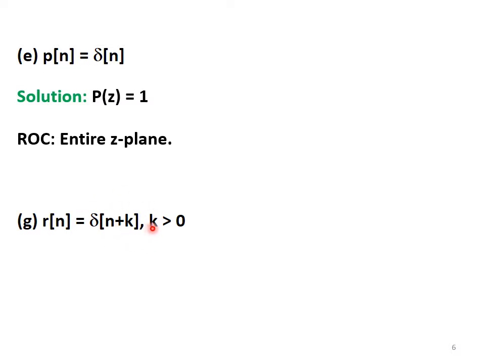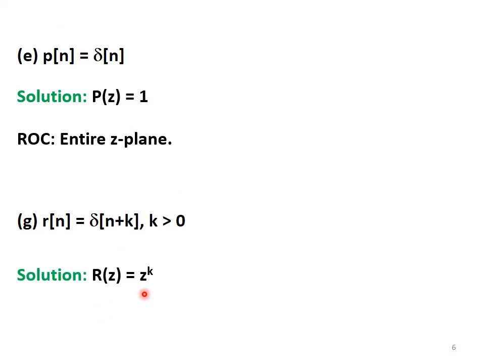Similarly, in this example we have again a unit sample, but it is a shifted unit sample, and because the values of k are greater than 0, n plus k is basically time advanced, so it exists in the negative part of the plane, right? So this is again a non-causal sequence, right?